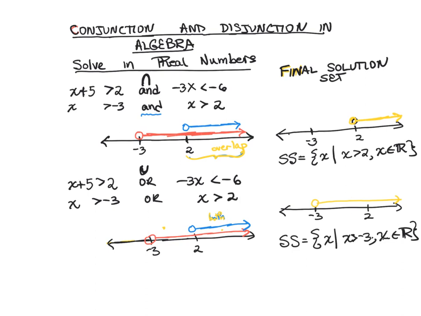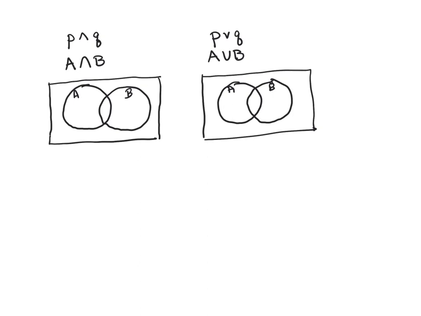The intersection of two sets would be the overlap again, that same theme, whereas the union would be the union of the two. At least one is true. So we've got the overlap with A that's not in B and B that's not in A.